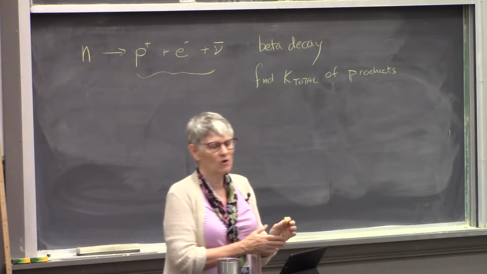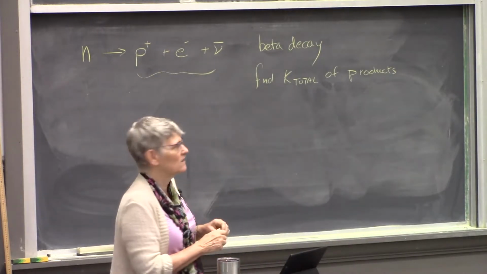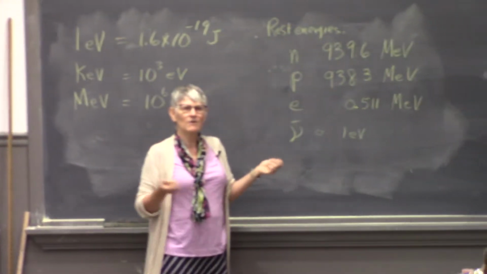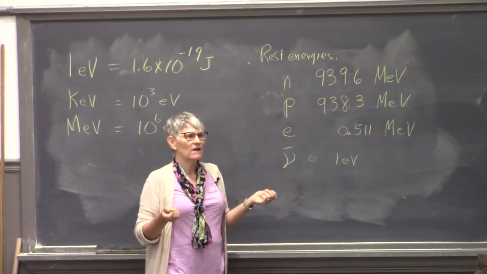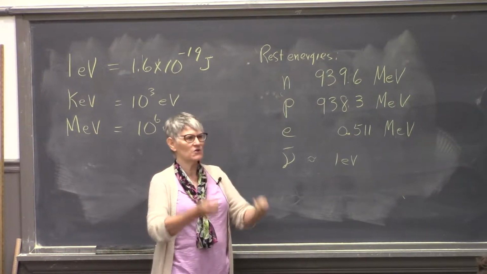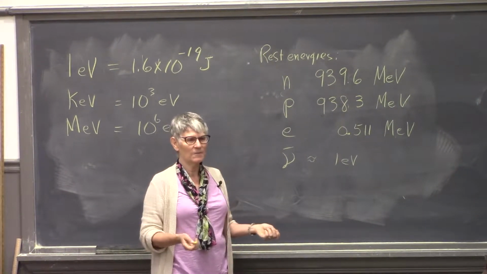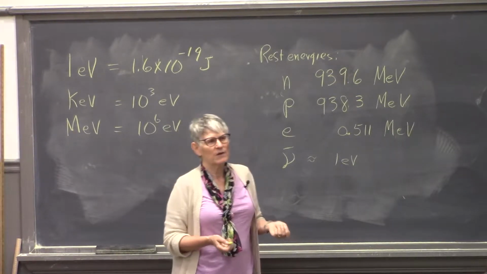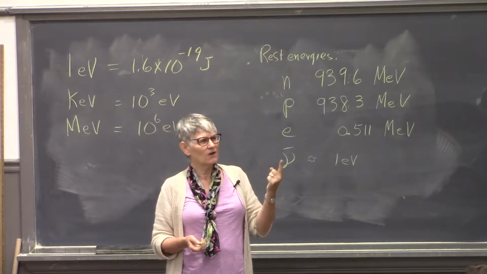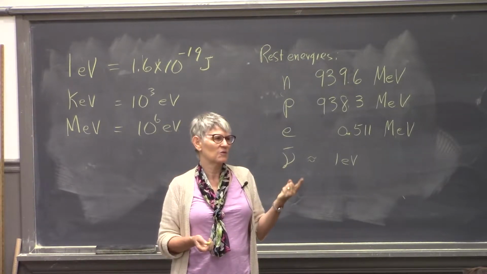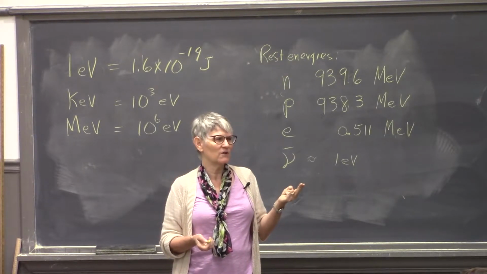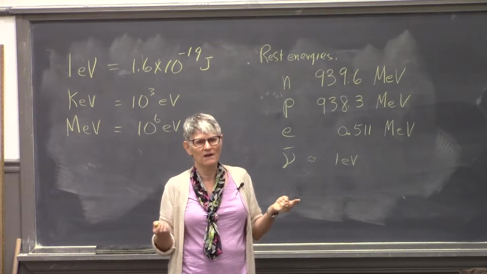And Wolfgang Pauli in 1930 predicted that there was another particle coming out that was obviously neutral because it wasn't interacting electrically with anything. And it also didn't interact by the strong force, so it didn't interact with nuclei. And so he called it a neutrino. But the fact that it's not electrically charged, so it doesn't interact with protons or electrons, and it doesn't interact with nuclei via the strong force, means that they're very hard to detect.